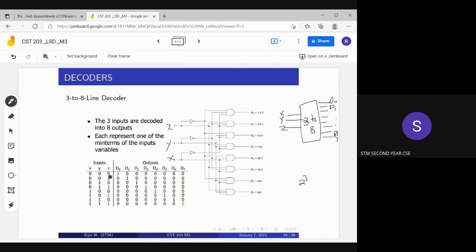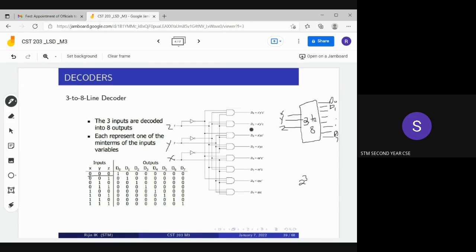D0 means all the inputs are 0. That means X dash, Y dash, Z dash. So from this you can select X dash, Y dash, and Z dash, and together you will get D0.